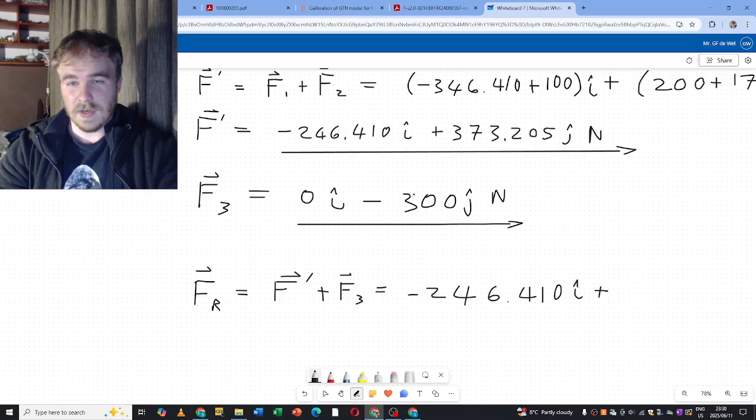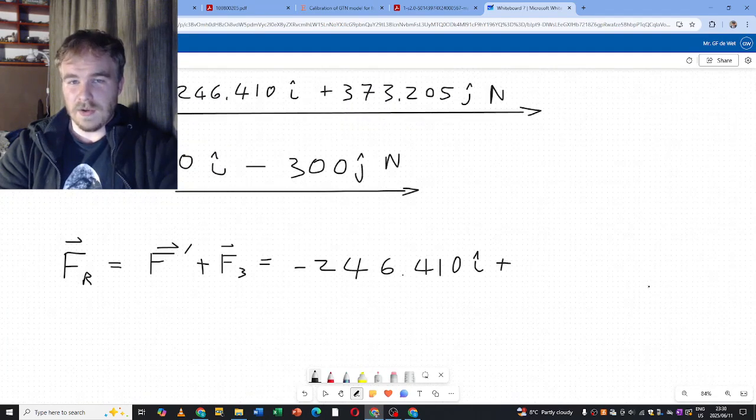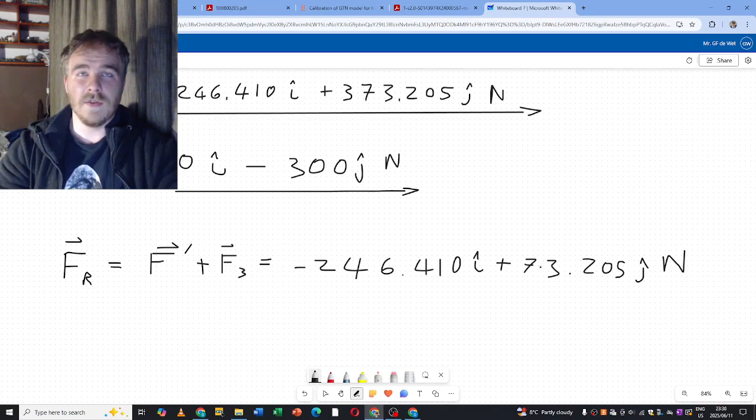And then I'm going to add the negative 300 newtons to the positive 373 newtons, and that's just going to take that 3 away, so that's 73.205.